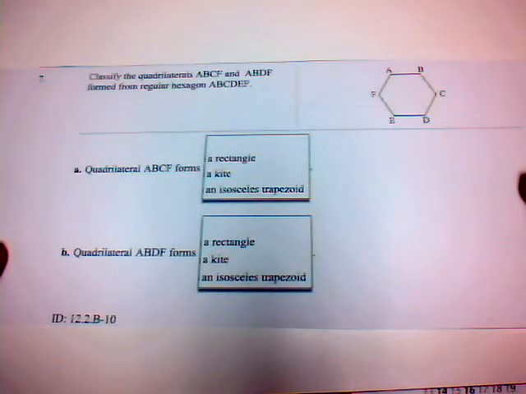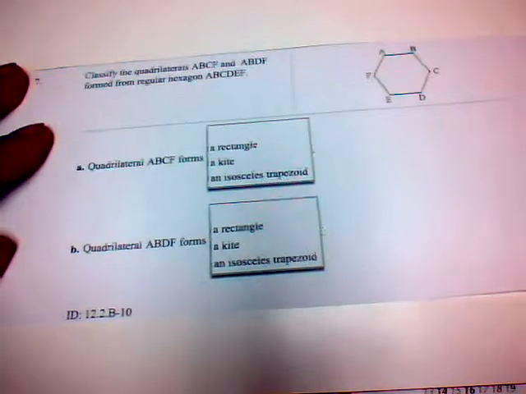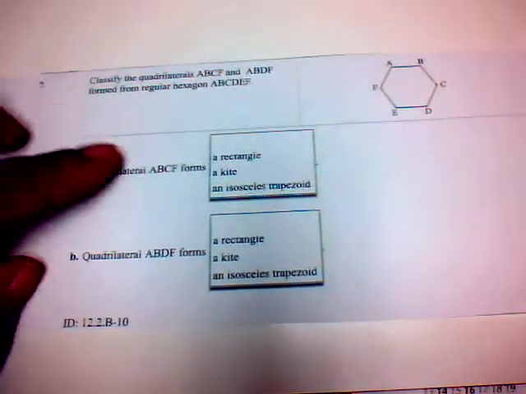Okay, and finally, number 7. Classify the quadrilaterals ABCF and ABDF formed from the regular hexagon ABCDEF. Okay, so here quadrilateral ABCF is going to form one of those three.